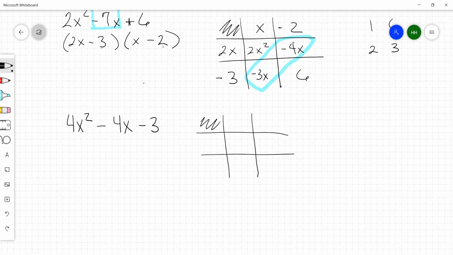I'm gonna, let me think, 4x and x, 4x times a 1 would be 4x and 3, no. I'm gonna go with a 2x and a 2x and a 3 and a 1.